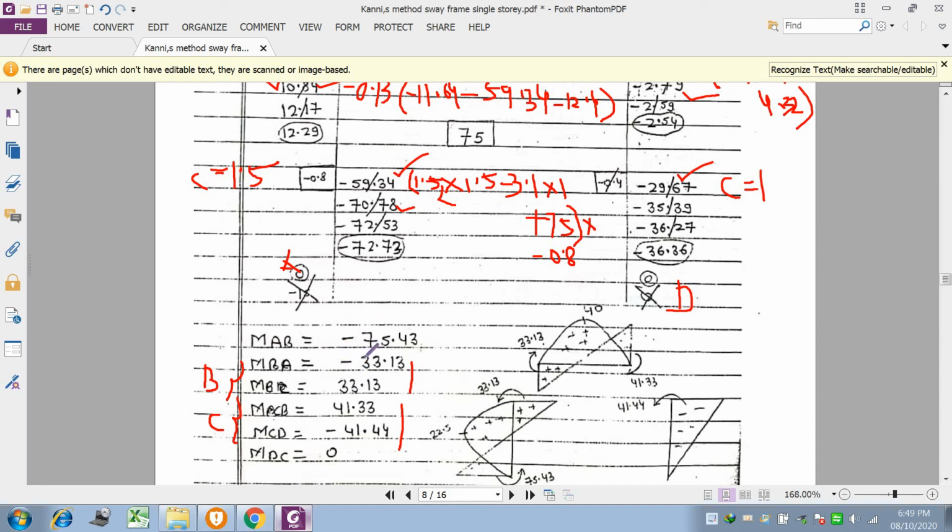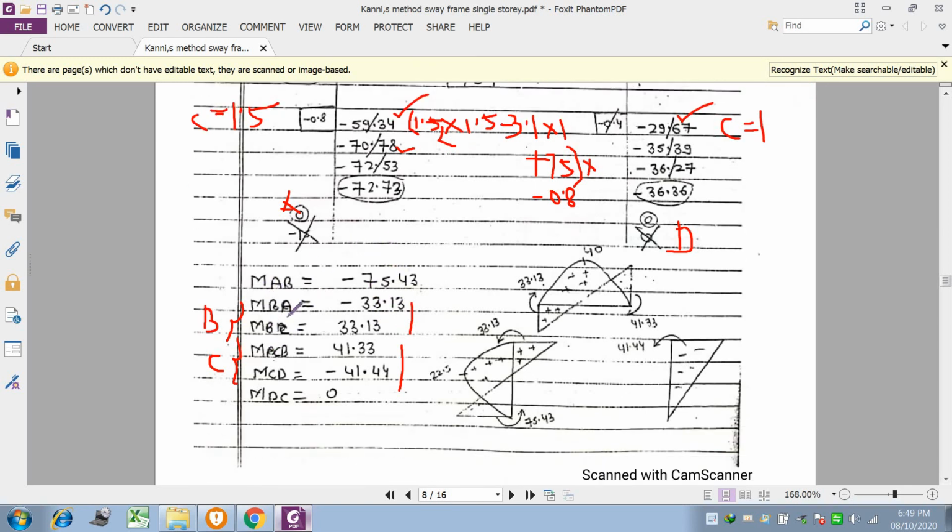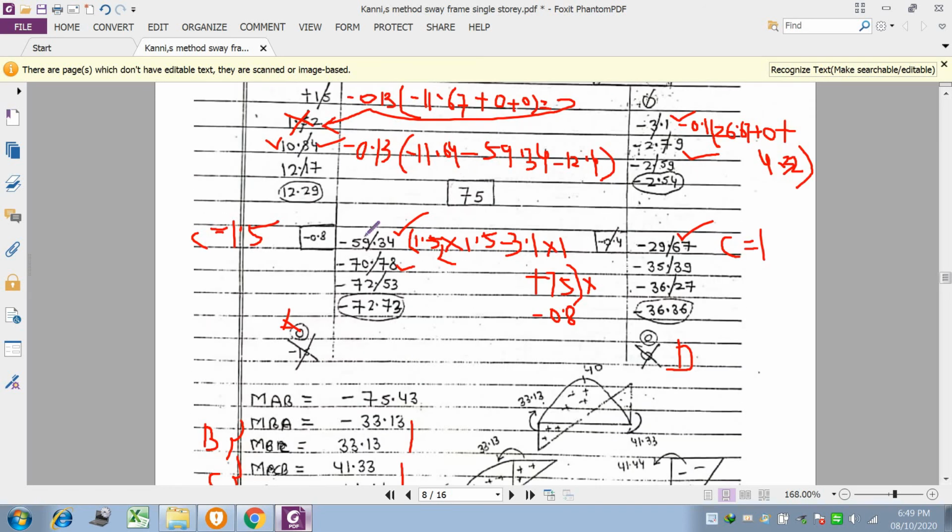Their final moments will not come exactly the same, they may differ. If at the joint your moment is not coming the same, that means you have made a mistake in your Kani's cycle.